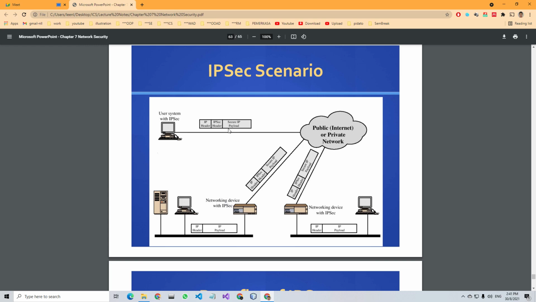Okay, what else here? The main routing. So when data flows using an IP address, this IPsec is secure because it adds encryption throughout the authentication process.